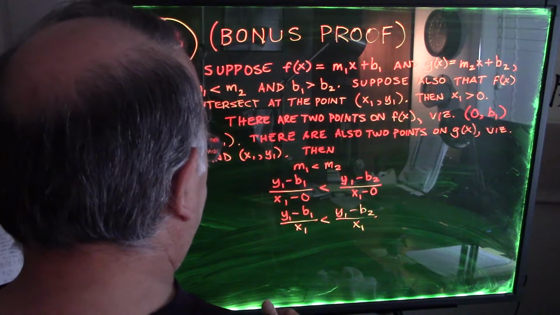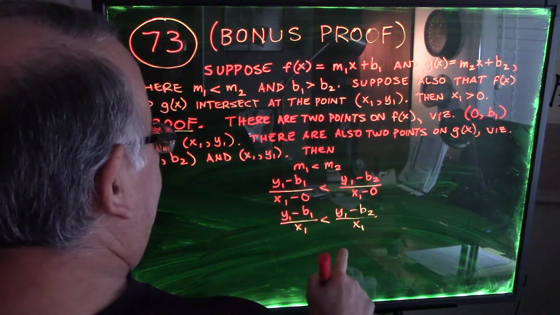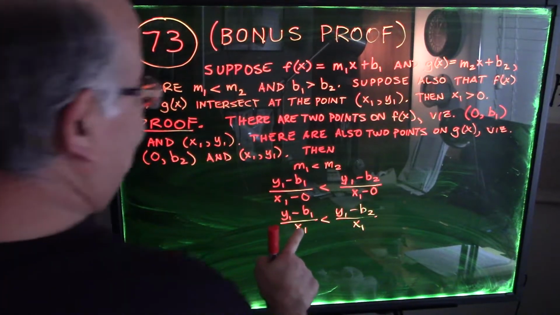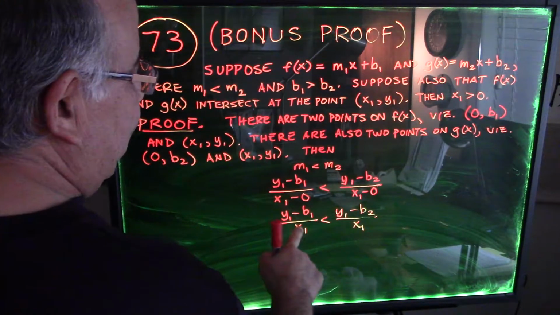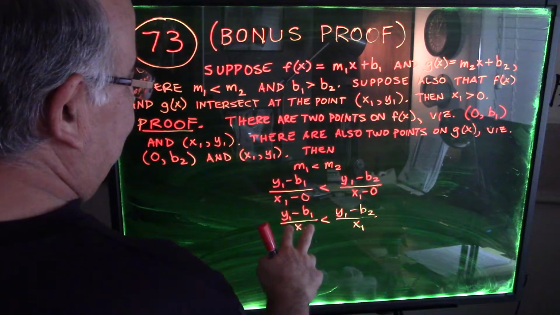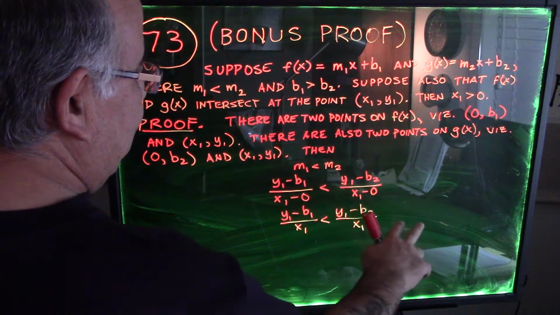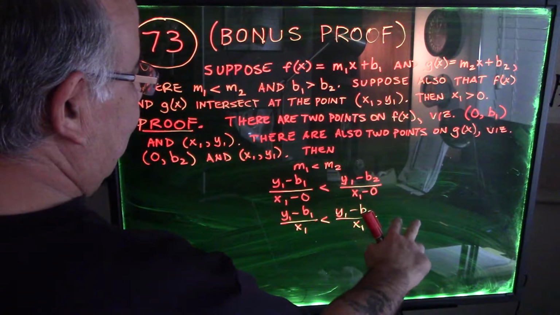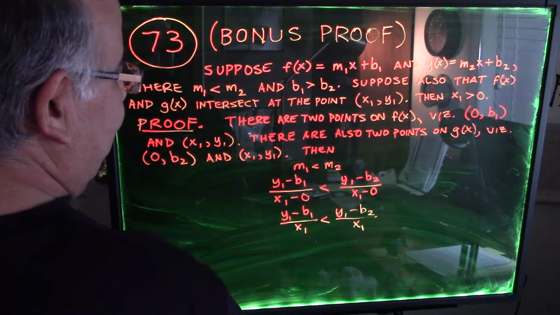Alright, now what I'm going to do is subtract y1 minus b1 over x1 from both sides of this inequality. In other words, you can transpose this to the other side, make it a minus, put a minus in front of it, move it over here, and you've got a 0 left there.